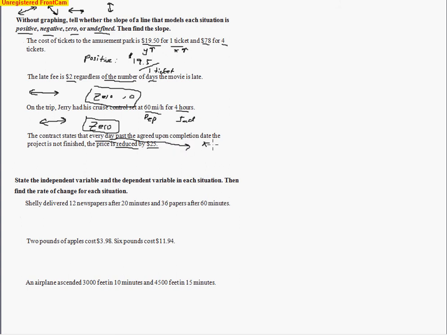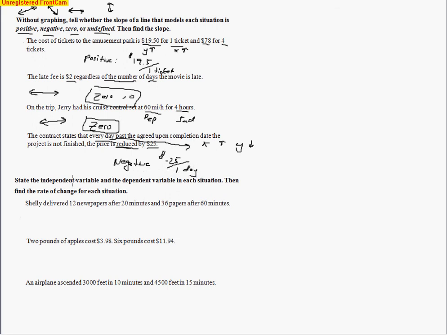So the x values increase as the y values are decreasing because we reduce by $25. So it would look like this. It would be a negative slope, and it would be negative 25 over 1 day. So negative $25 per day.